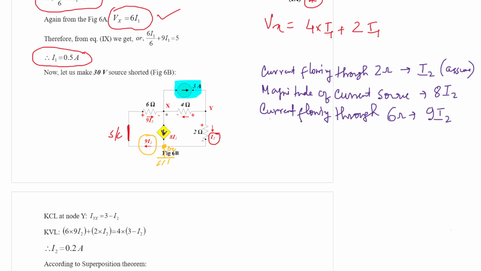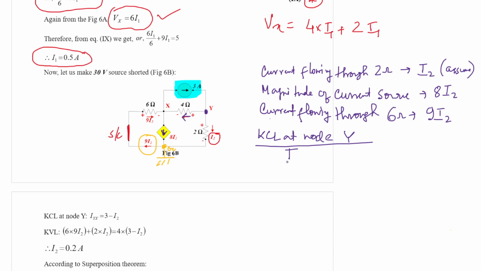Now if you apply KCL at node Y, let us say this current is IYX.